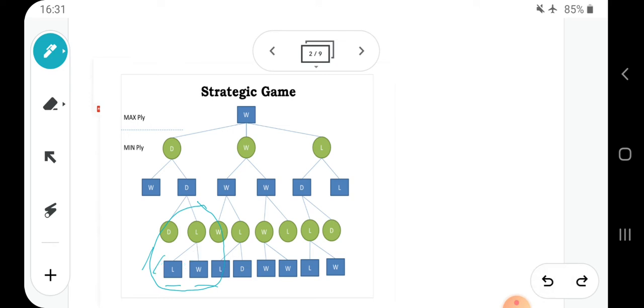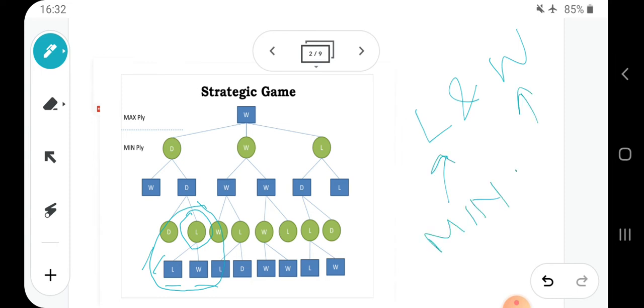Whenever they are merged into a minimizing node in this way, the minimizing node will select the minimum value between those two options. Here between loss and win, the loss is the minimum value and win is the maximum value.